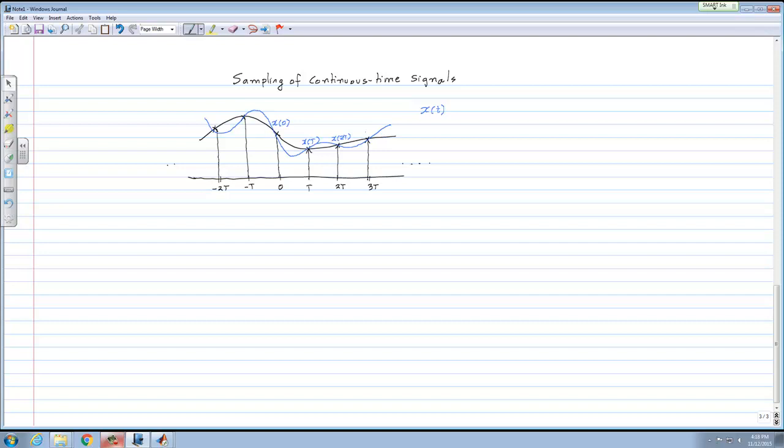Okay, so we're going to be interested in the setup when x of t is band limited and we take samples T seconds apart.